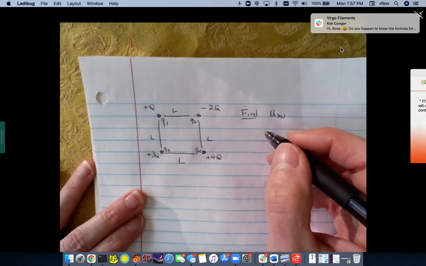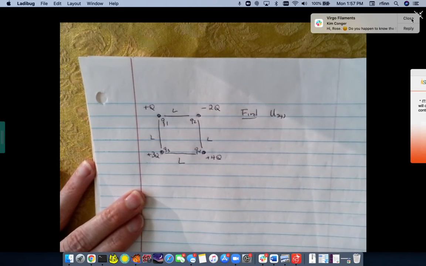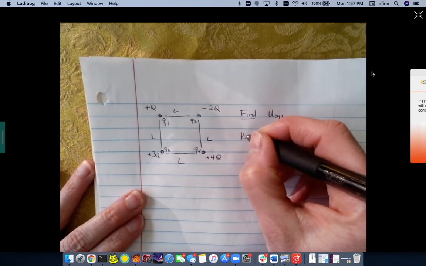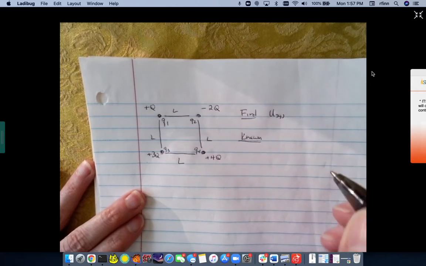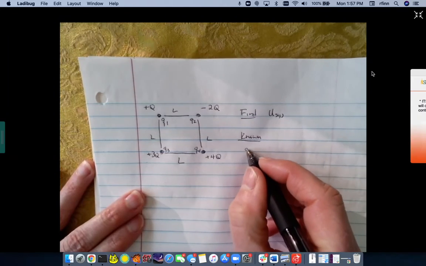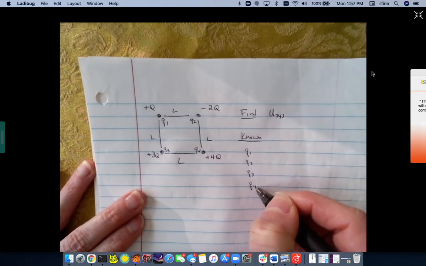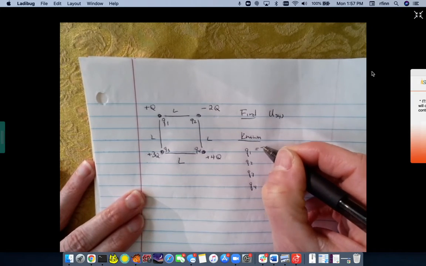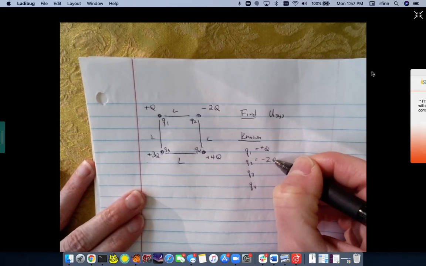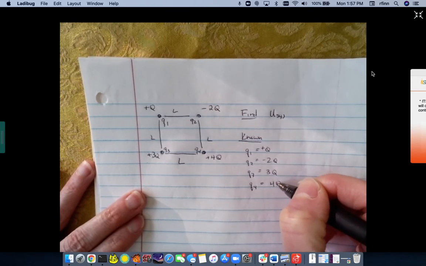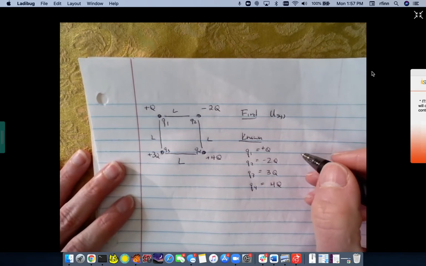Okay, so things that we know. We know all of our charges: Q1, Q2, Q3, Q4 are plus Q, minus 2Q, 3Q, and 4Q. And then we know lots of distances.